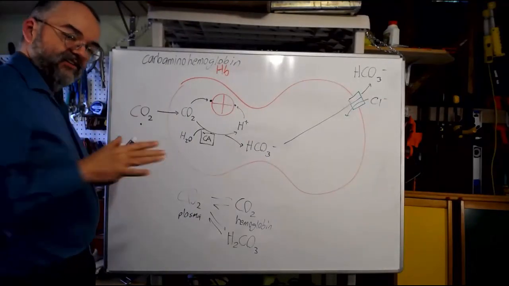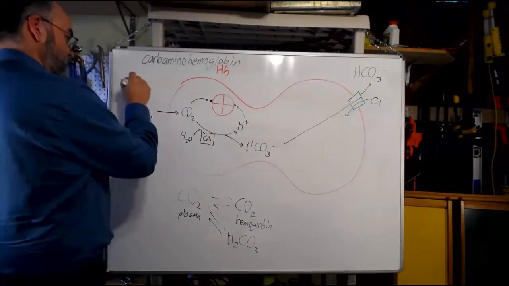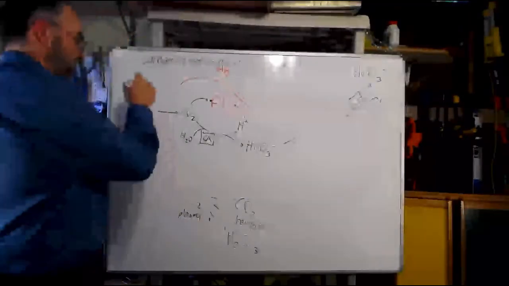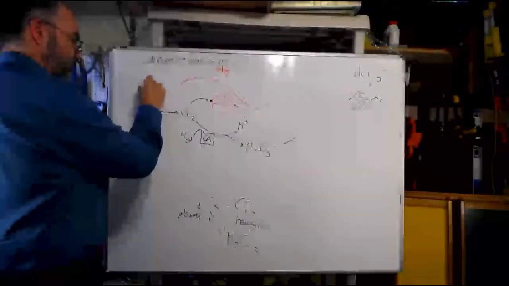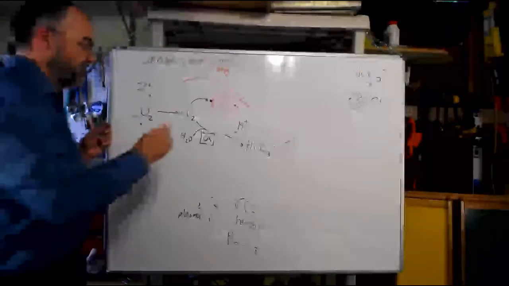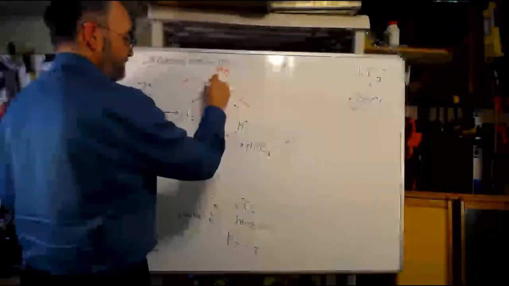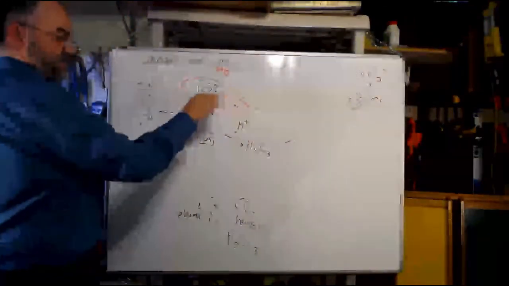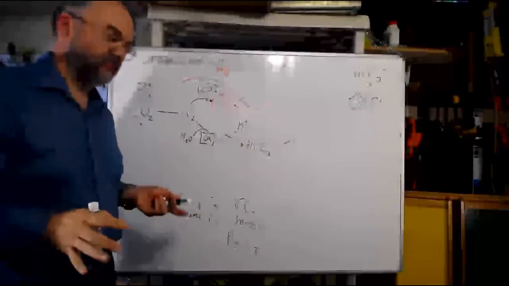In the end, that balance we tend to strike is that if I put 100 CO2s into the blood, I end up with 7 of them, 7% of it, found in this form at any moment. 23% is found on the hemoglobin at any moment.